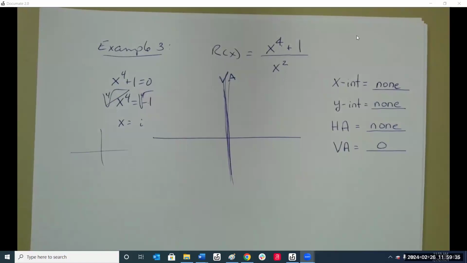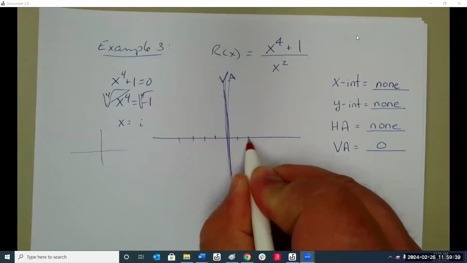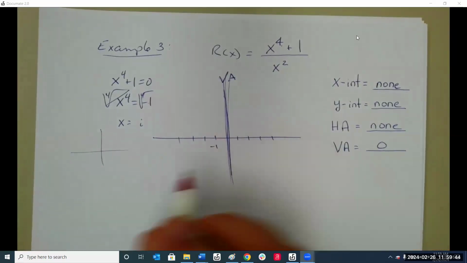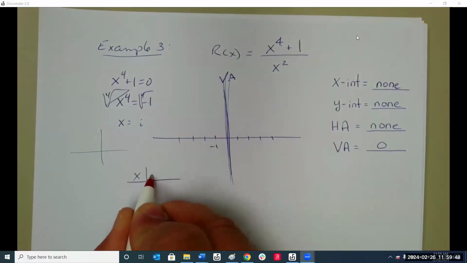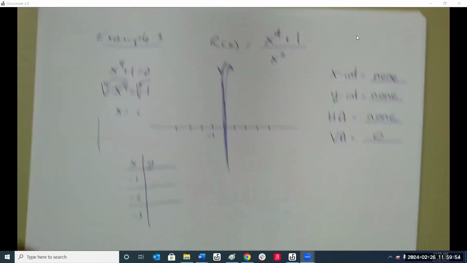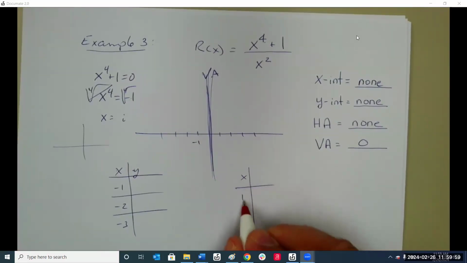Plot points. Let's plot some points to the left here and to the right. So at -1, we'll do -1, -2, -3. And then same thing on this side, be +1, +2.